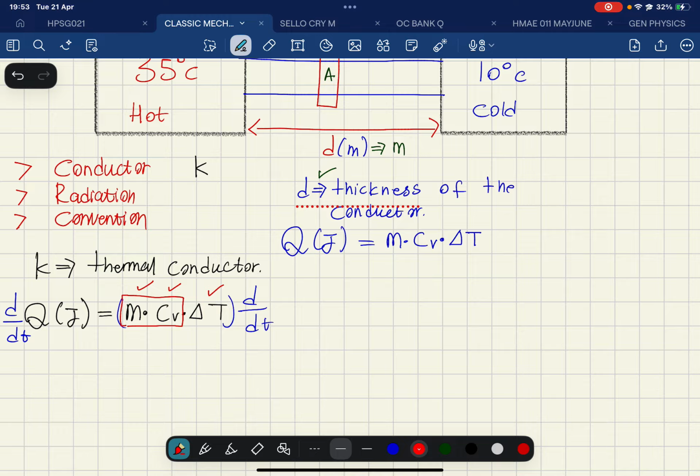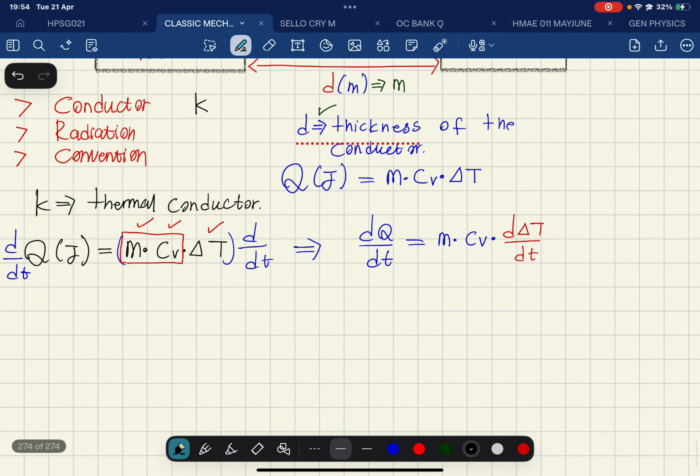So my mass and my specific heat capacity are constant. From here I will get dQ over dt, which is equal to the mass, which remains constant, and the specific heat capacity, which remains constant, multiplied by the change in temperature over dt. That is what is happening there. Again, I'm looking for K. I must just know that what?